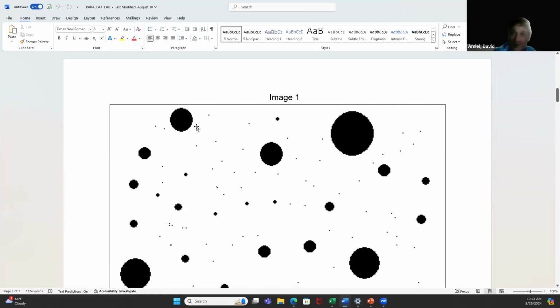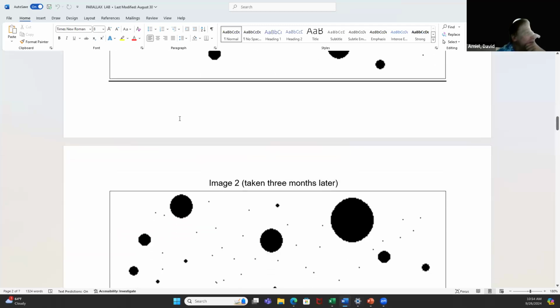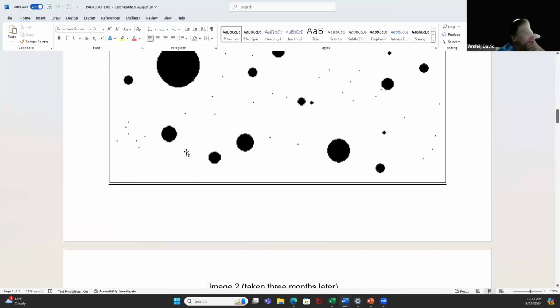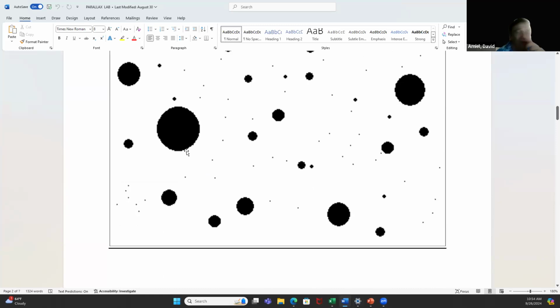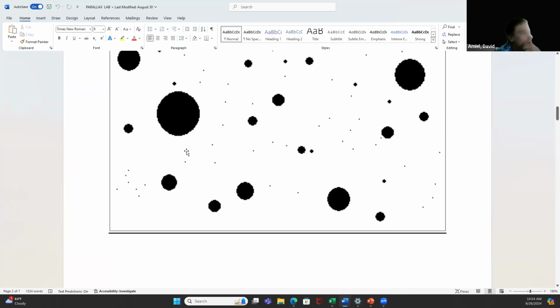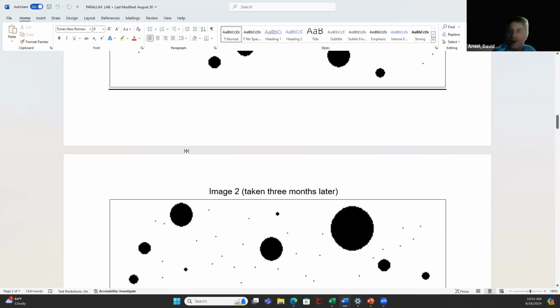There's a parallaxic effect. So if you look at this one here in image one, in image two, well, you can't really see how much it's shifted here. That's actually what we're trying to figure out. But they have all shifted because of the parallaxic effect.